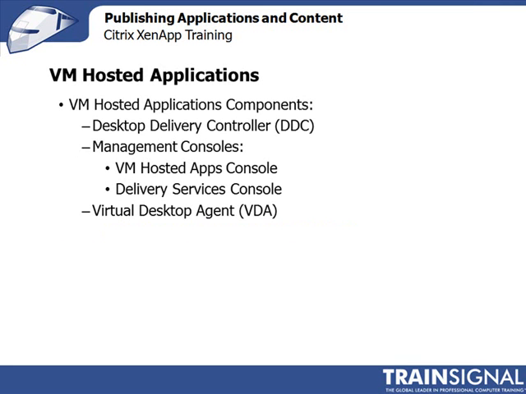VM hosted applications. This is really cool. Up until recently, there were applications that just didn't install on server platforms. So you had applications that would require a guest operating system that only worked on Windows XP, for example, or Windows 7, or Windows 95, I don't know, but they needed a guest operating system.